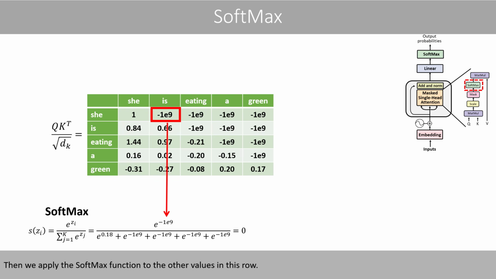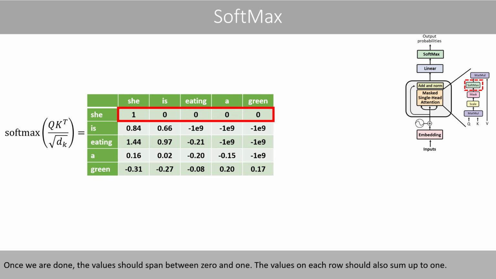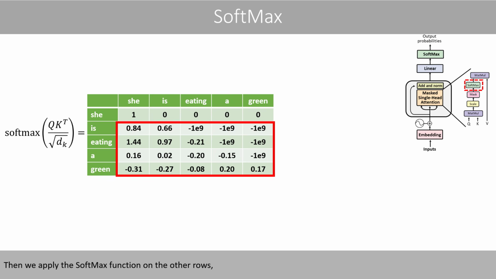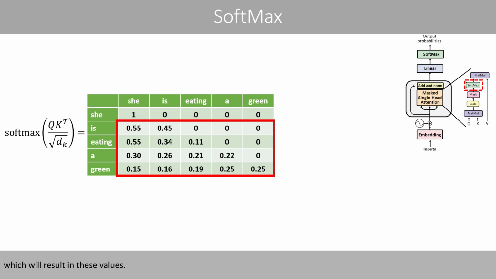Then we apply the softmax function to the other values in this row. Once we are done, the values should span between 0 and 1. The values on each row should also sum up to 1. Then we apply the softmax function on the other rows, which will result in these values.